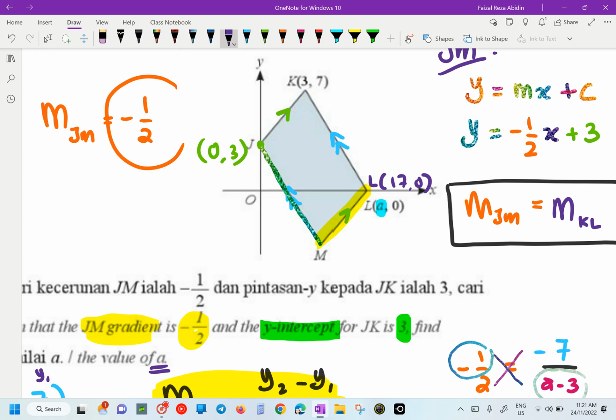So means that the gradient of our JK here, you are going to have the same as the gradient of LM. Am I right? Yeah, it's going to be the same. Why? Parallel. So I'm going to find the gradient of our JK.